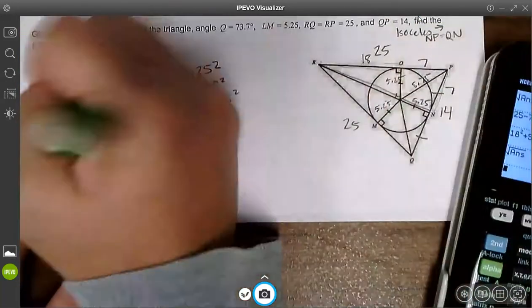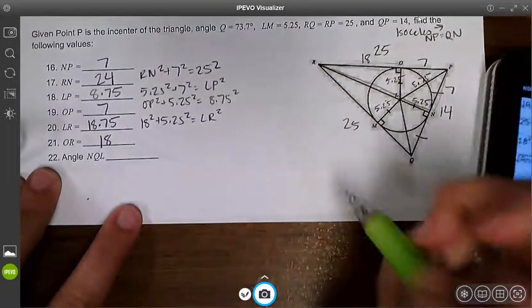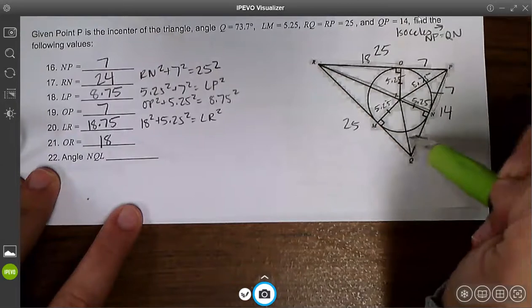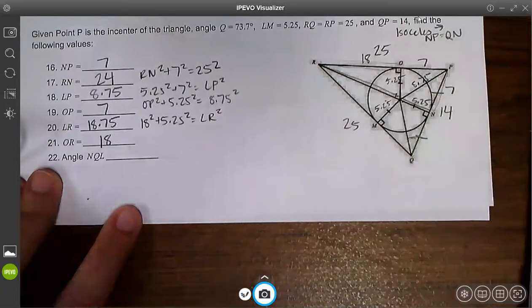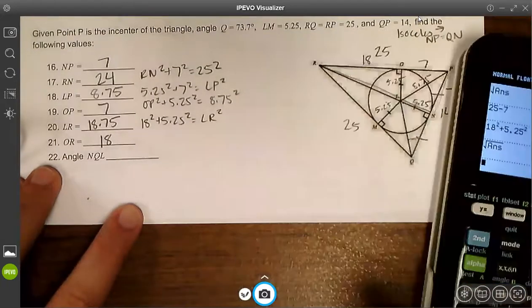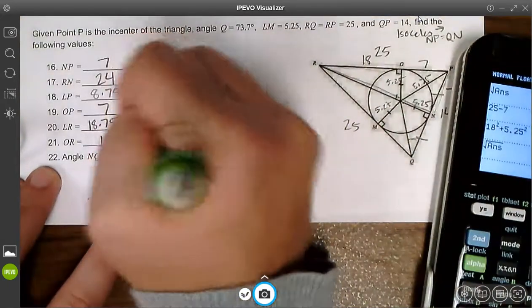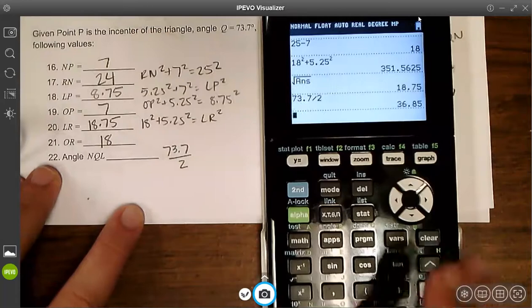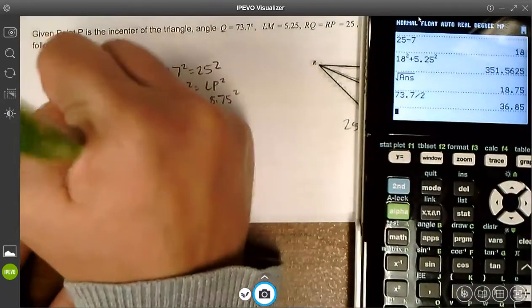OR we just said was 18. And angle NQL is this angle here. If angle Q is 73.7 and these are all angle bisectors, then we just split that in half. So 73.7 divided by 2 is 36.85 degrees.